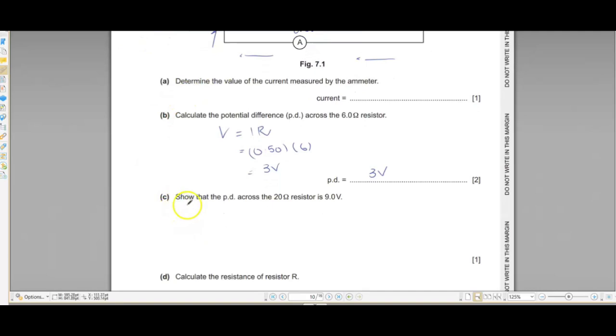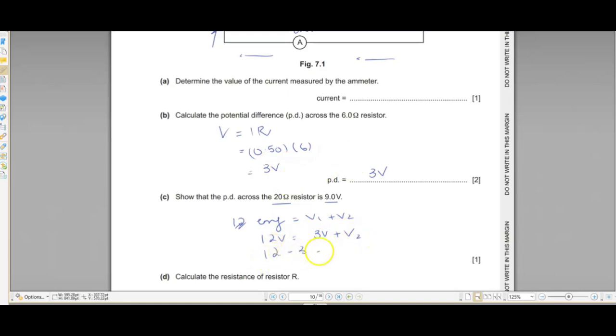Now they're asking us in part C, show that the PD across the 20 ohm resistor is 9 volts. So we've already done that. But how are we going to do this? We know that the EMF is V1 plus V2. Okay, it's 12 volts. V1 we know is 3 volts and V2 we still want to know.